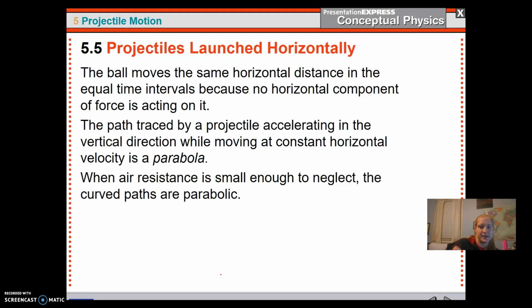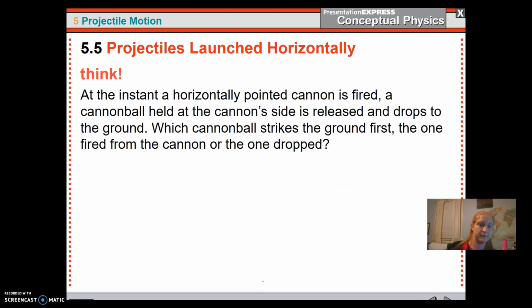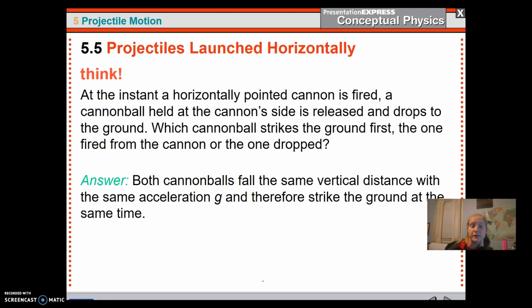This motion is called a parabola. So this arc, that's a parabolic motion. When air resistance is small enough, all curved paths will be parabolic. Okay. Which can strike. So this should be, they both fall and hit the ground at the same time because once they're released from the cannon, they drop at the same time.